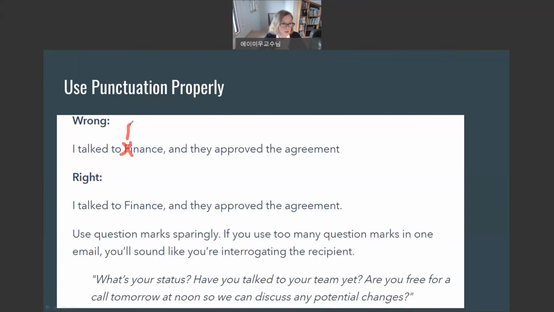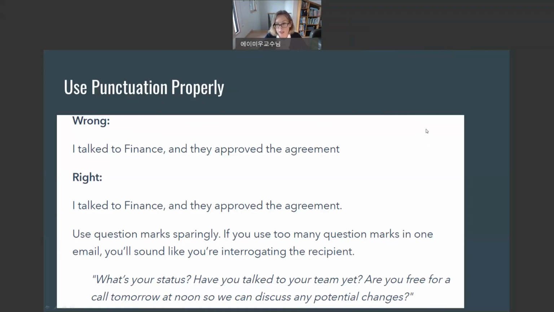It's just general, so you would use a lowercase f there. I'm being picky, finding all these problems and trying to fix them. Okay, so the right punctuation would be: "I talked to finance and they approved the agreement." Period.